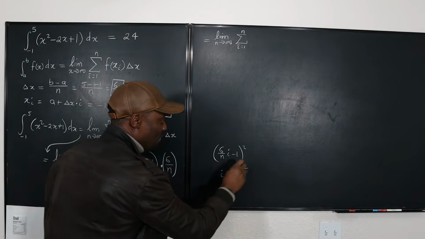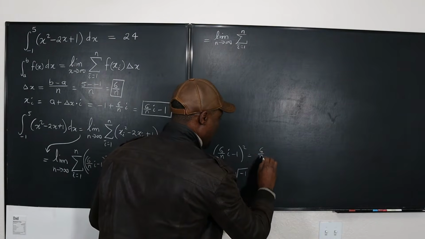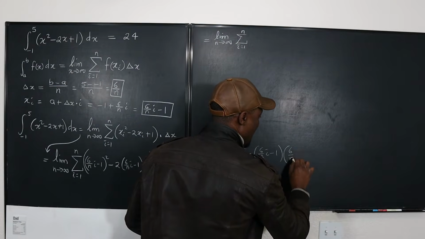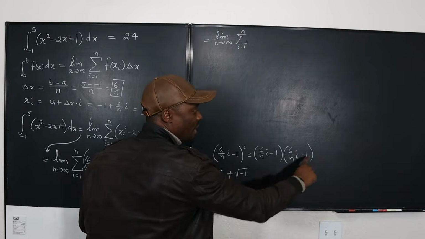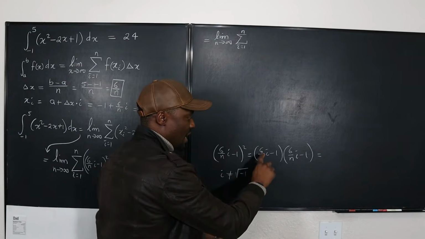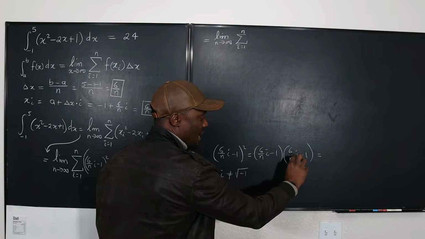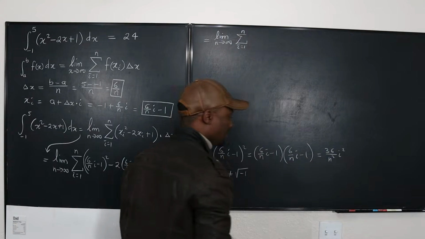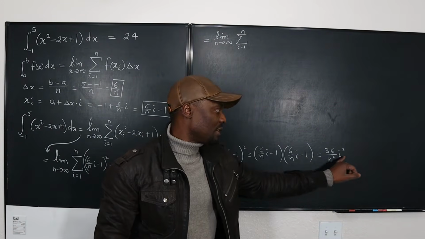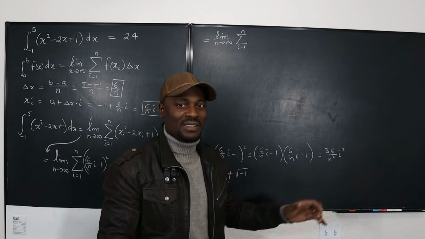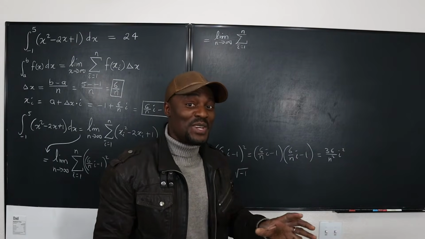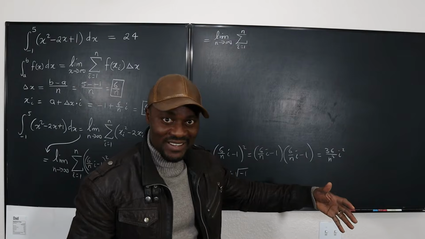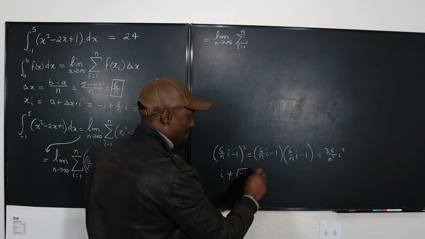Okay, so this is going to be 6 over n i minus 1 times 6 over n i minus 1. If you FOIL this, 6 over n i times 6 over n i is 36 over n squared i squared. Why am I not putting the i on top as 36 i squared? You could do that, but I want to leave it on the side because we're going to replace the i squared later. So that's the first foiling.